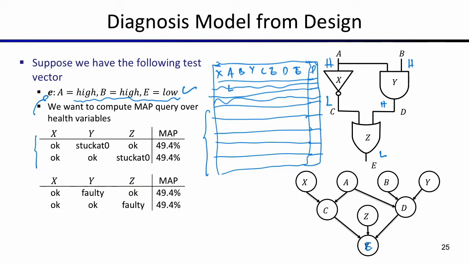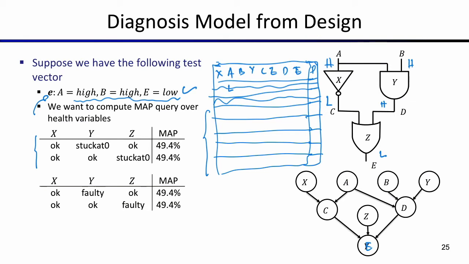For the model that uses stuck at 0 and stuck at 1, one says that Y is stuck at 0, and the second one says that Z is stuck at 0, and both have almost 50% probability. All the other possible instantiations have very small probabilities, because these two dominate most of the probability.